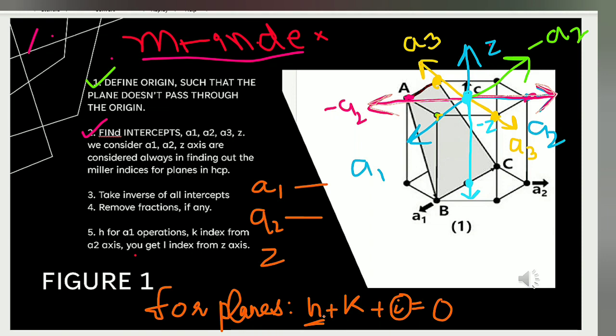Okay, so if we know the Miller indices of A1 and A2, which are H and K, then we can find out the Miller index for A3, or vice versa.